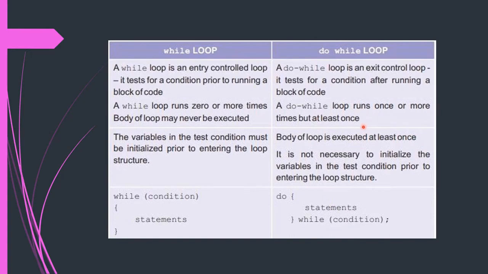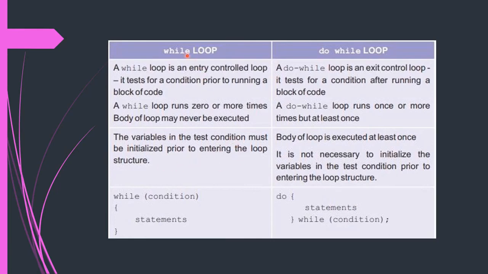It is necessary that while using the do while loop, the body of the loop is executed at least once, and it is not necessary in the while loop. Then comes the point: the variables in the test condition must be initialized prior to entering the loop structure.